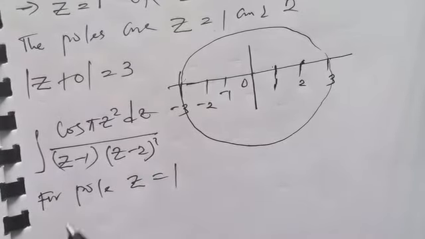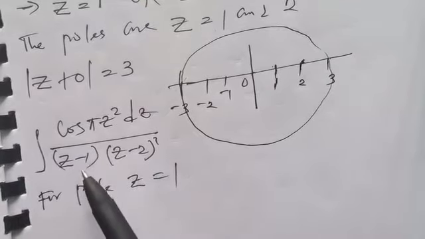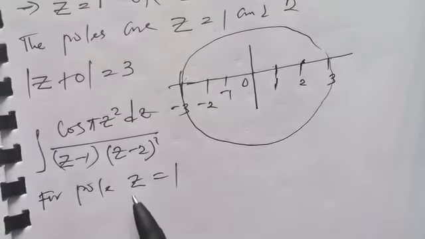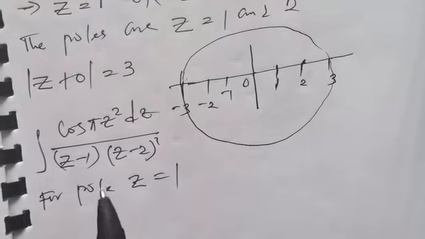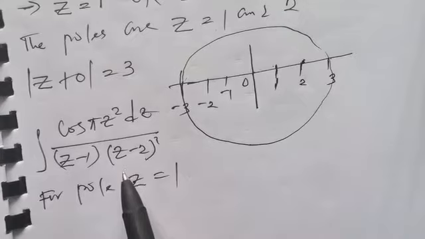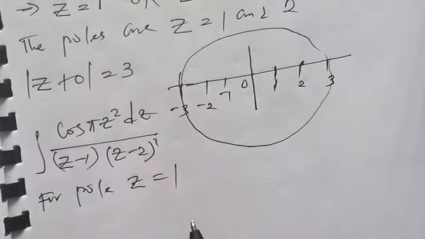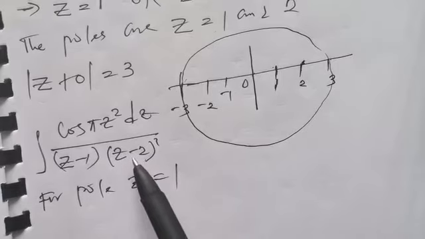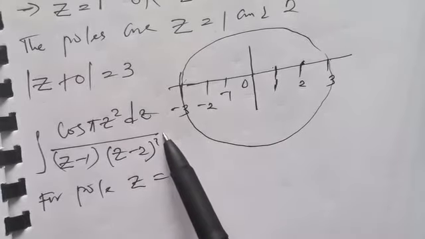So what I will do is divide top and bottom of this equation by the factor at the denominator which, when I put in the value of z as 1, I'm not going to obtain 0. If I put in z as 1, this becomes 1 minus 2, and 1 minus 2 will give me minus 1 and not 0. So for that reason, I will divide top and bottom by (z minus 2) to the power of 2.